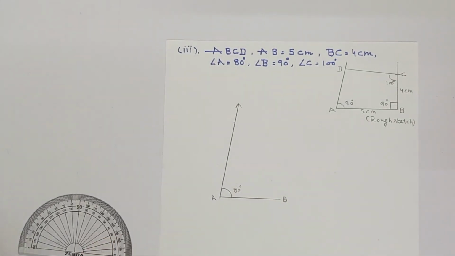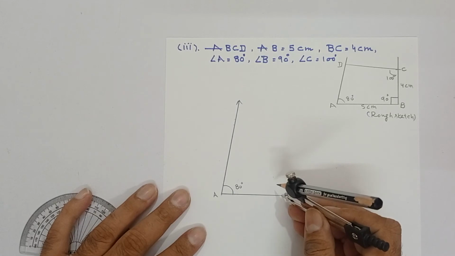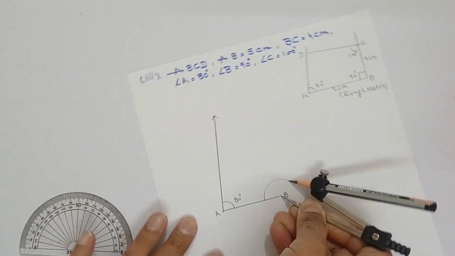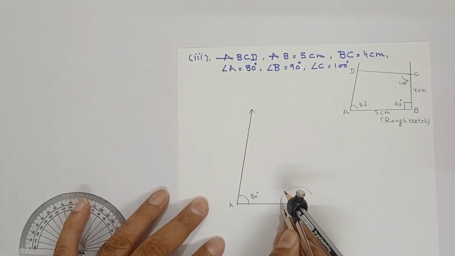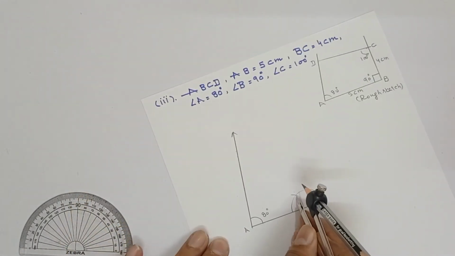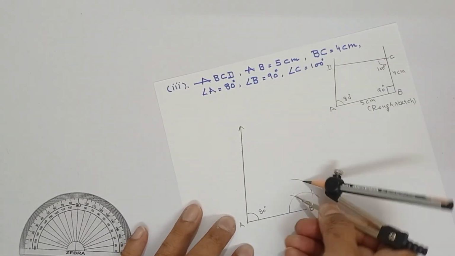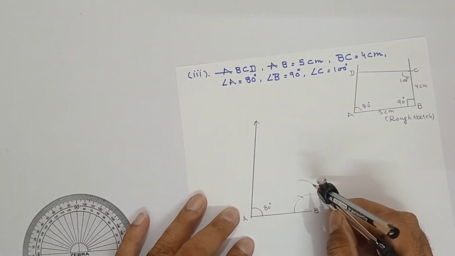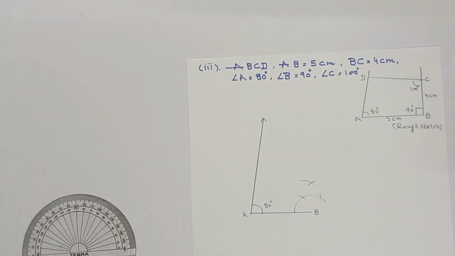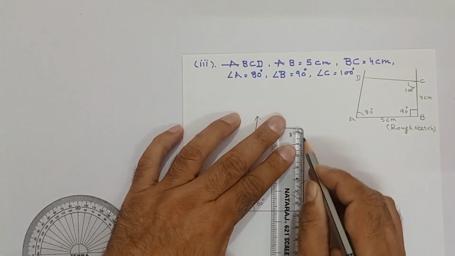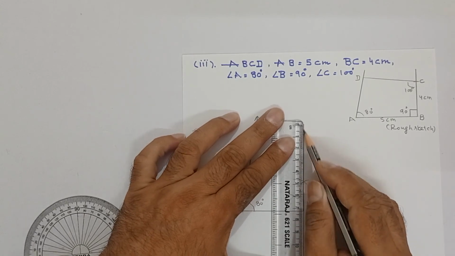At point B, you are to make 90 degrees. So I have taken the compass. This is an arc. This is 60-degree angle. 60-degree arc. This is 120-degree arc. From 60 and then from 120. Now you need to extend it like this.